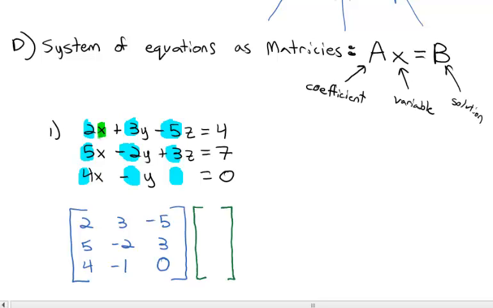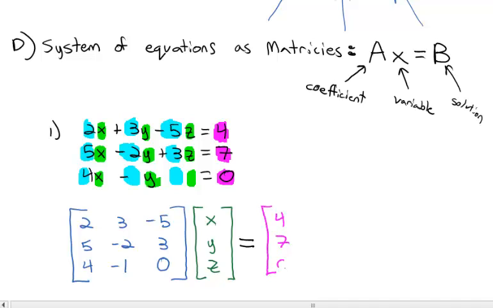And you'll see the variables are x, y, and z in order. We want to multiply by that order, x, y, z. And so that's what we'll fill it in with, x, y, and z. And that's going to equal the solution matrix, which represents the solutions of the problem: 4, 7, 0.